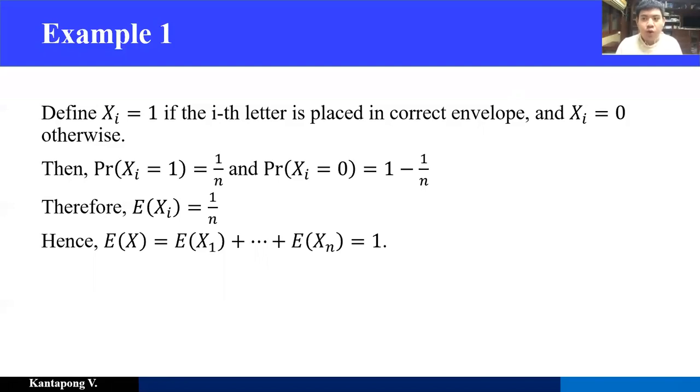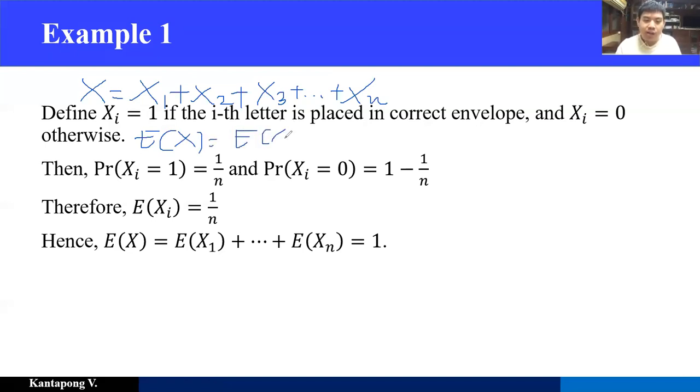I'm going to tell you that for this problem, the straightforward approach is very difficult. But if we decompose, we know that X is equal to X1 plus X2 plus X3 and so on, plus Xn. So E of X is equal to the sum over i up to n of E of Xi.